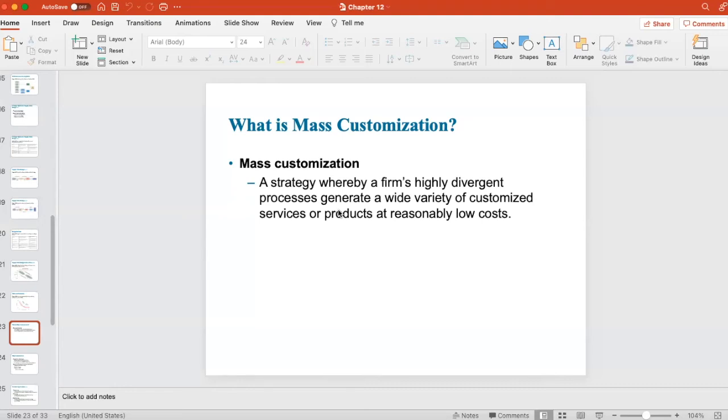All right, so basically we try to standardize a major part of the production process such that we can keep the efficiency within the supply chain as much as possible, but we leave other parts of our supply chain as a customization process such that this customization process can help customers to find the most suitable products for themselves. That's actually quite intuitive.